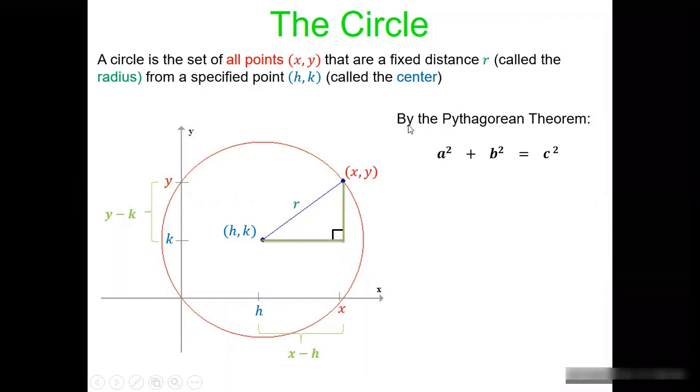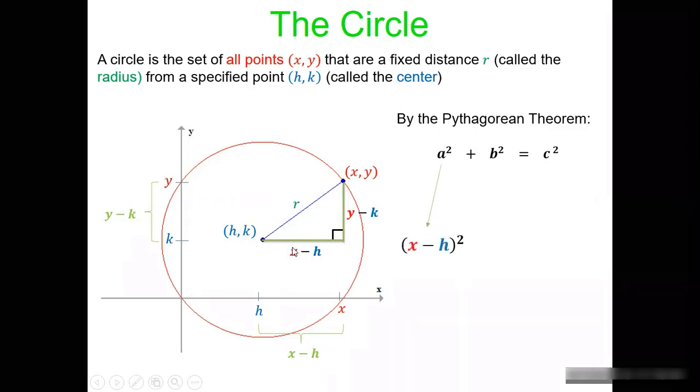So if we could find what the lengths of these sides are for this triangle, we should be able to apply the Pythagorean theorem, which says to square the legs, add them together, and that should be equal to the hypotenuse squared. So notice that in this case, the horizontal distance is x minus h, the vertical distance is y minus k, so we now know our a and our b values.